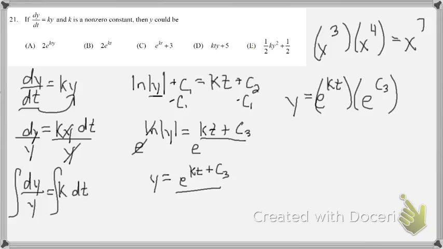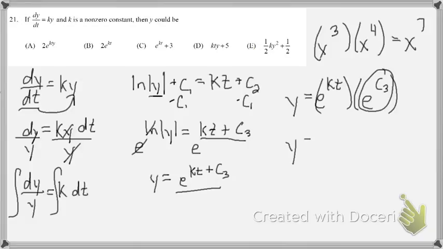So, e to the kt, that has a variable in it. We can't really change that as of right now. On the other hand, e to the c, e is just a number, 2.71, raised to a constant, another number. If you pick any c value and plug that in, you will end up with another constant. So we can change this to our fourth and final constant, c sub 4.